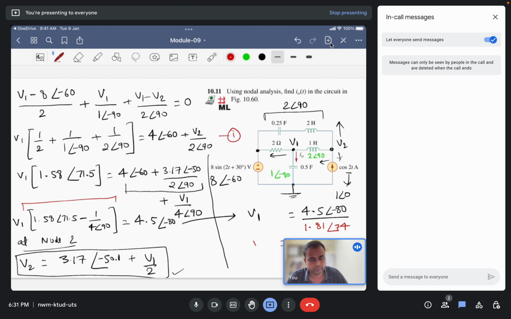So simply V1 will be the division. So 4.5 angle minus 80 divided by 1.81 angle 74.